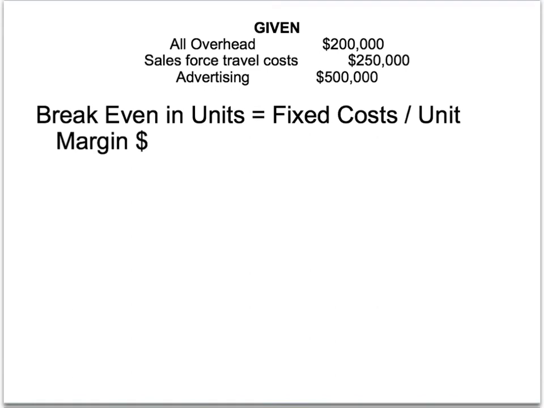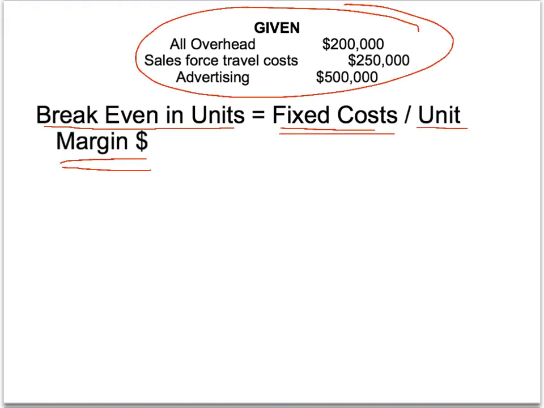Okay, the next part of the question asks us for our break even in units. We know that's our fixed cost divided by our unit margin. In this case, we are given the fact that our fixed costs total $950,000.